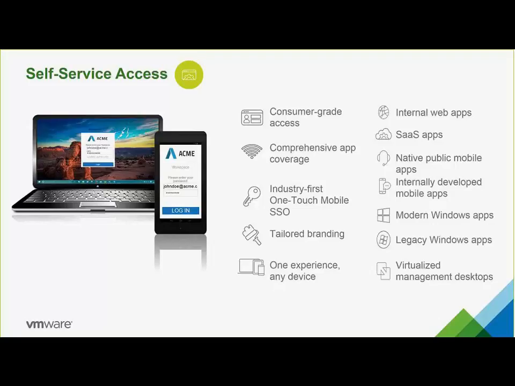So our enterprise self-service application catalog can aggregate several different applications and be tailored to your brand, giving the users instant access, one login for a seamless experience across any of the devices.